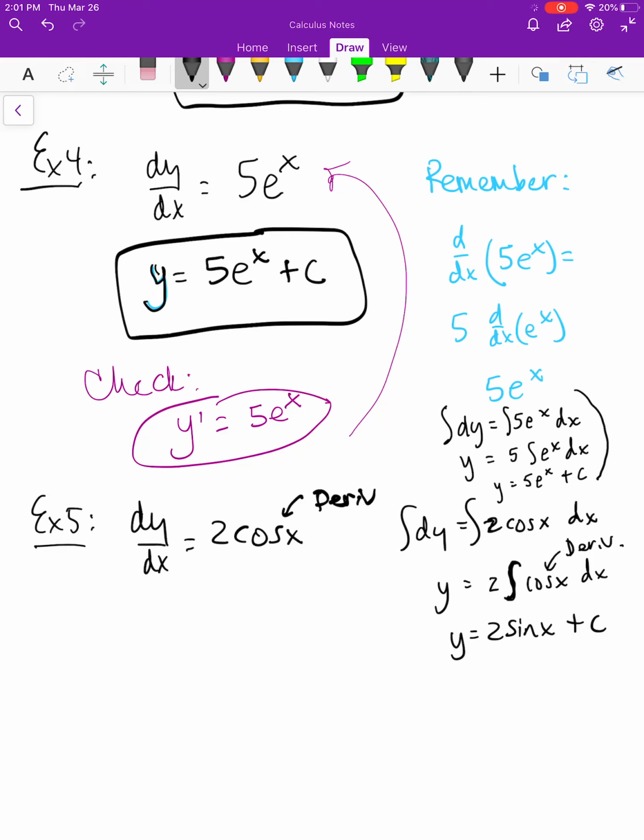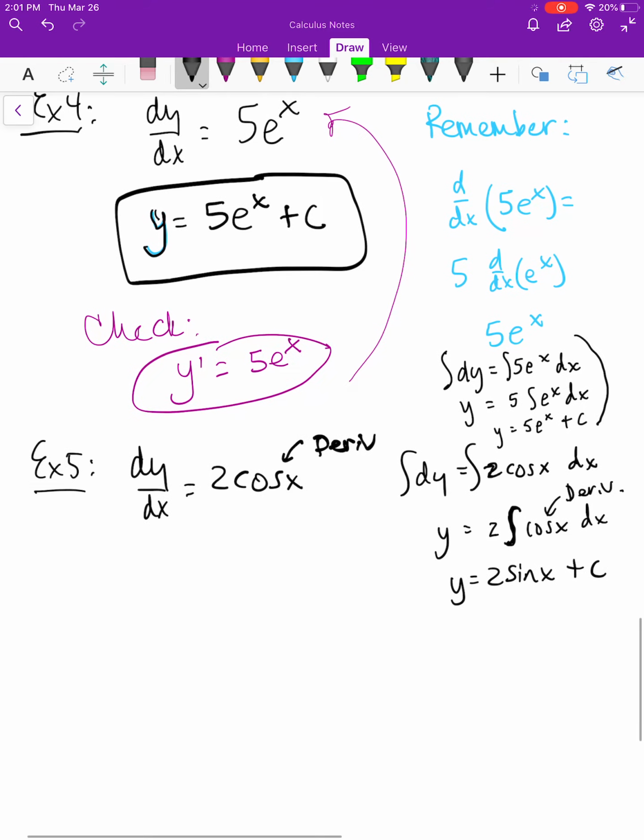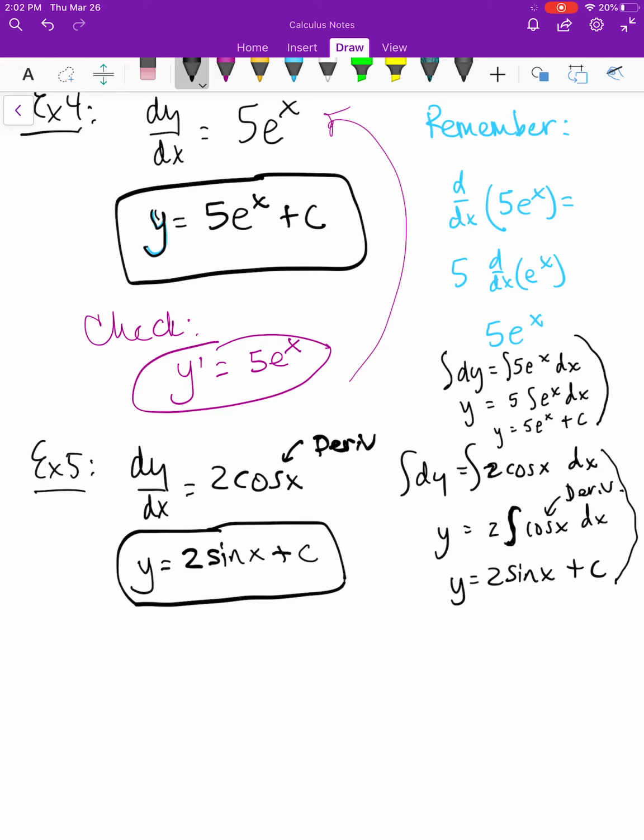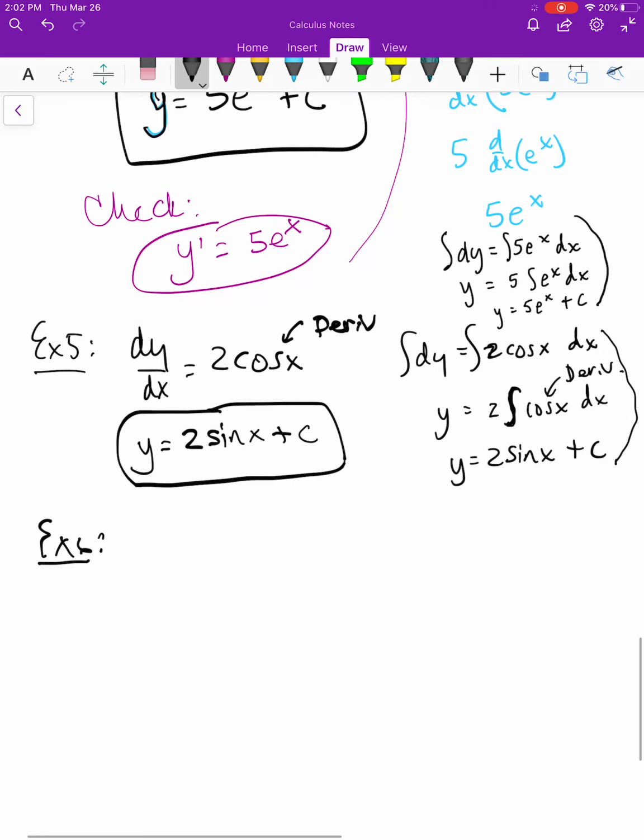So our y would have been 5 e to the x plus c. This might have made more sense to some of you, just like this might make more sense to some of you. But at this point, we're just saying, hey, if this was my derivative, what would my original function have been? And so that would have been your answer there.